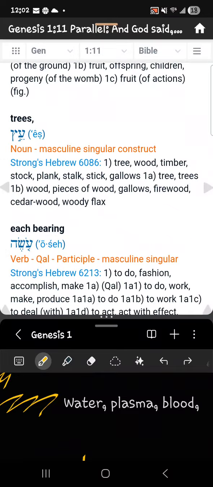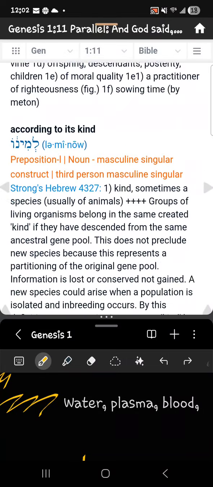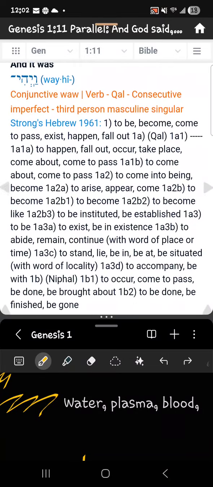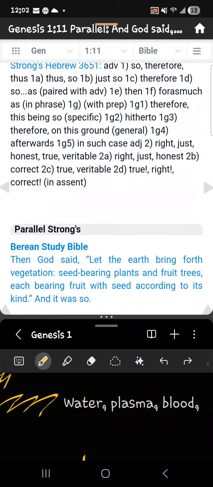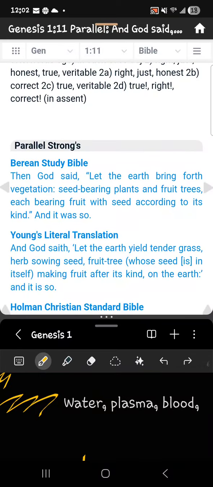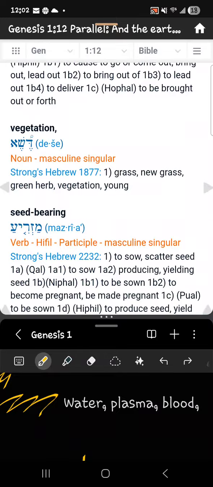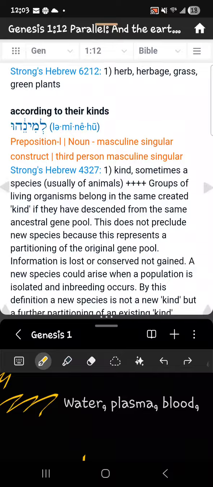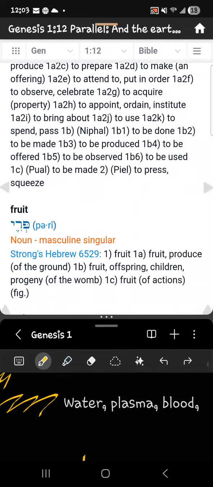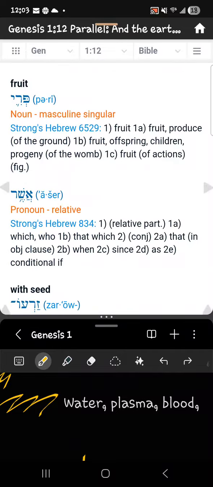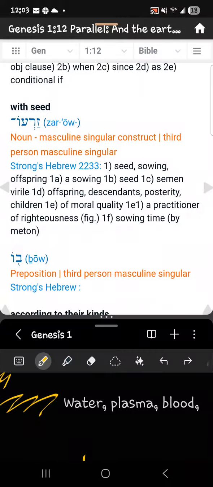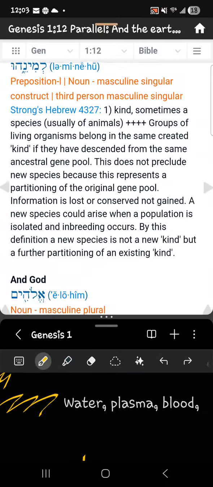Plants and fruit trees, each bearing fruit with seed according to its kind. And it was so. The earth, Ha'arats, produced vegetation, seed bearing plants according to their kind, and trees bearing fruit, pari is fruit, and seed according to its kind.